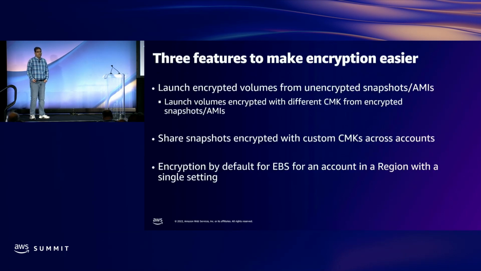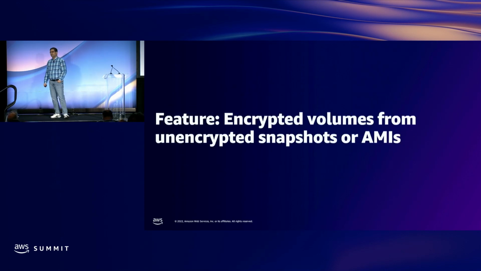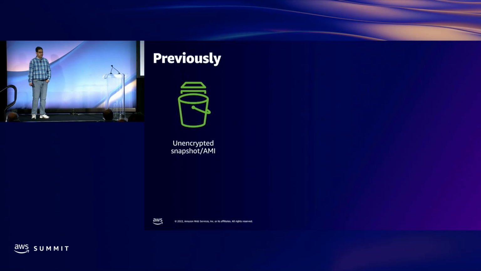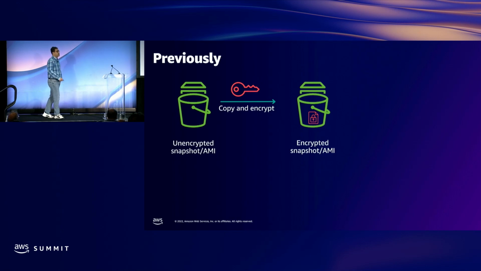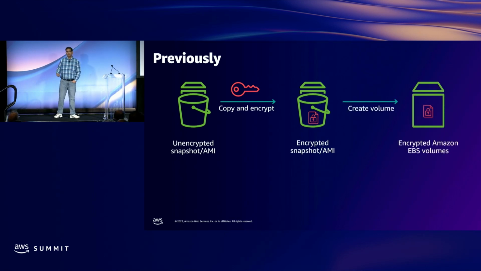So how have we made encryption easier? There are three features I want to talk about today that'll help make the encryption journey easier for you as a customer. First one is how to create encrypted volumes from unencrypted snapshots or AMIs. Previously, if you had an unencrypted snapshot or an AMI, you had to copy it and encrypt it, and then you had to create an encrypted volume from that encrypted snapshot.